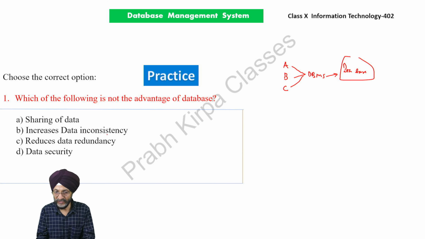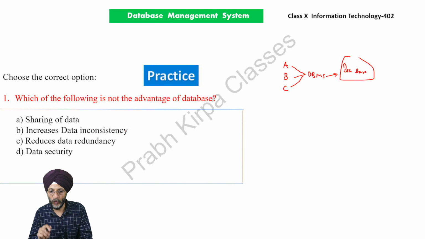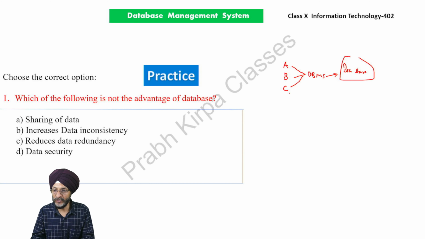Next, increases data inconsistency. Database increases data inconsistency. No, it is not correct because in case of database, suppose there are three persons which act as cashier in a school. They are receiving the tuition fees from the students.